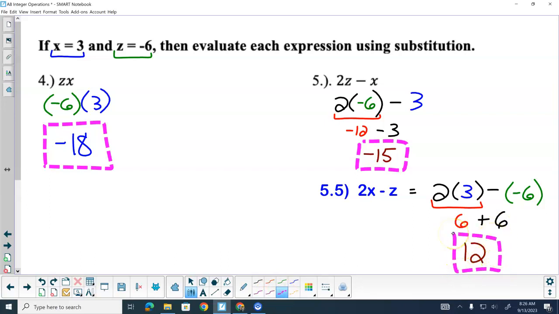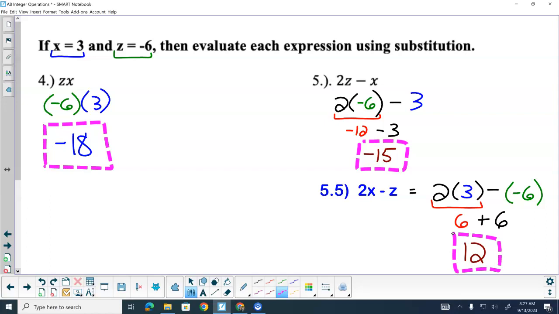Yeah, so it's a really good idea each time to bring your work down. Write it out and keep your work flowing so that you see what your brain is doing. Because sometimes, for us too, for Mr. H and for myself, things get all jumbled up inside your brain because you're trying to do too many things at once. It happens. And these are only a couple steps, but later in the year you're going to start getting to some longer ones, and then you start skipping work or trying to get out a little faster, you end up making more mistakes.